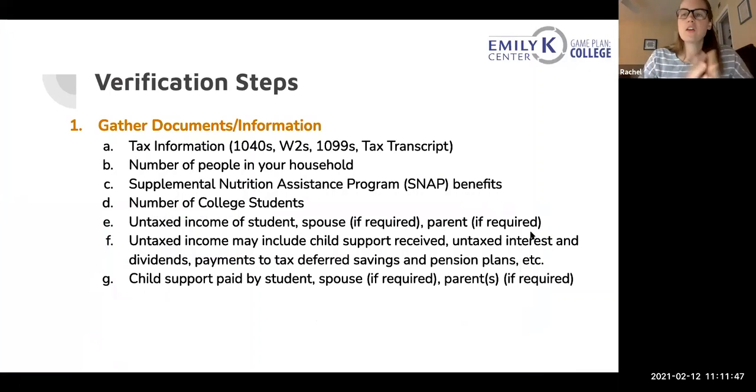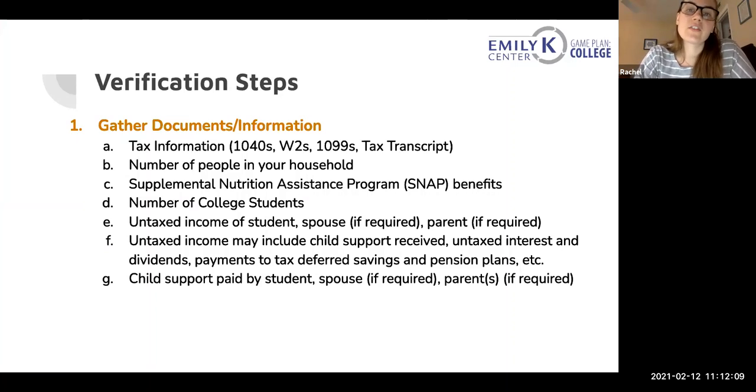So what does this all mean? When you are selected for verification, the college is probably going to send you a couple worksheets. This varies by college, but generally this is how it works. They send you a few worksheets through the institution that have you write down your financial information, things like that, maybe a test that you are telling the truth.